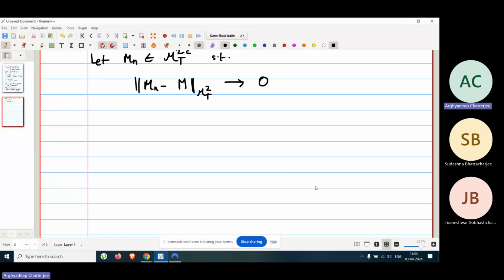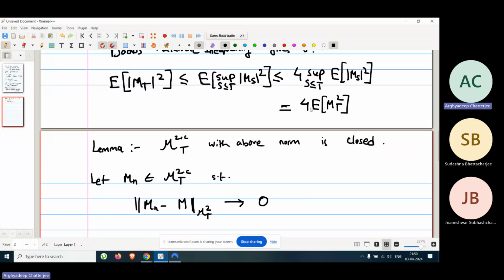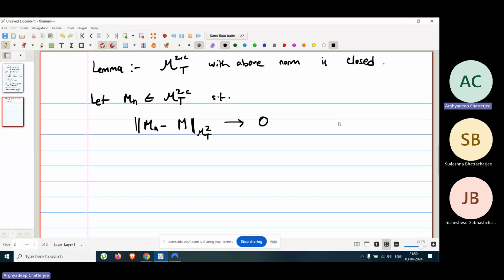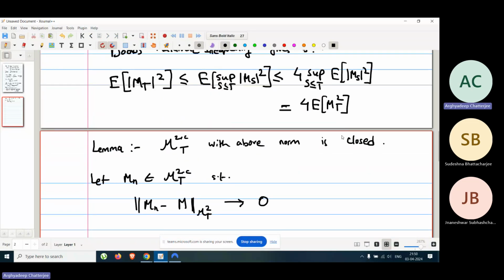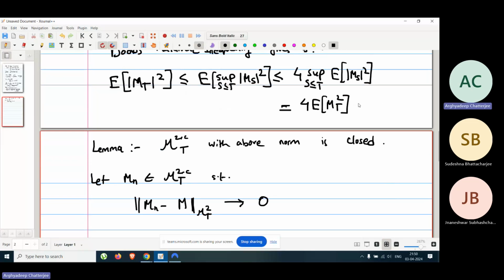Since we can control this norm by the endpoints, we know everything about the convergence by using the endpoint T. Since we have that MT converges in L2, convergence in this norm tells us about this norm and vice versa.